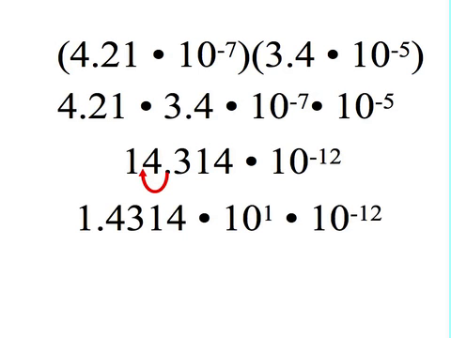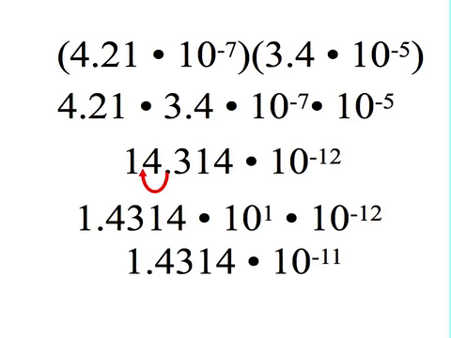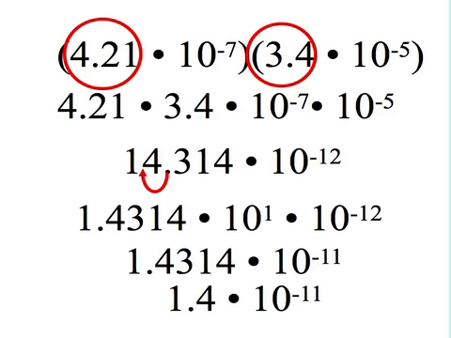And then to finish, 10 to the first times 10 to the negative 12 is 10 to the negative 11th. Now we can round off: 1.4 times 10 to the negative 11th. We have now found the product of two numbers written in scientific notation. We've written that product in scientific notation, and we've rounded it off to the correct number of significant digits.